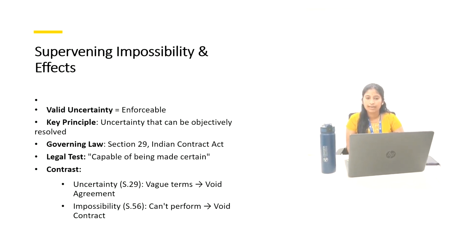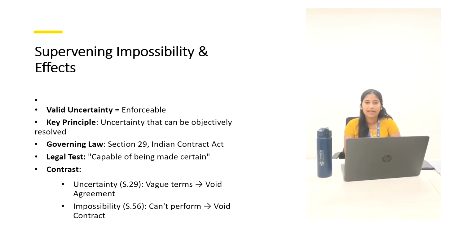On the other hand, uncertainty under Section 29 exists when the meaning of the terms is unclear at the time of the agreement. For example, if the concert hall burns down before the event, the contract becomes impossible to perform.